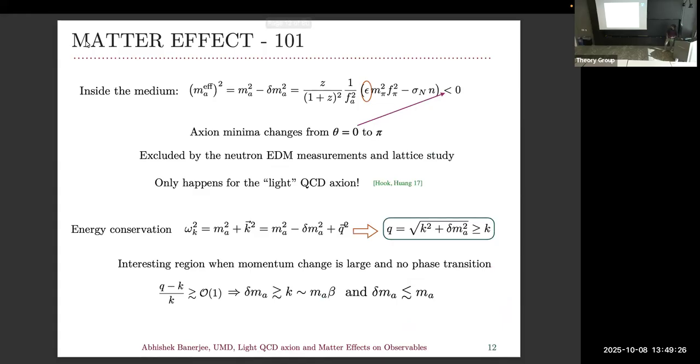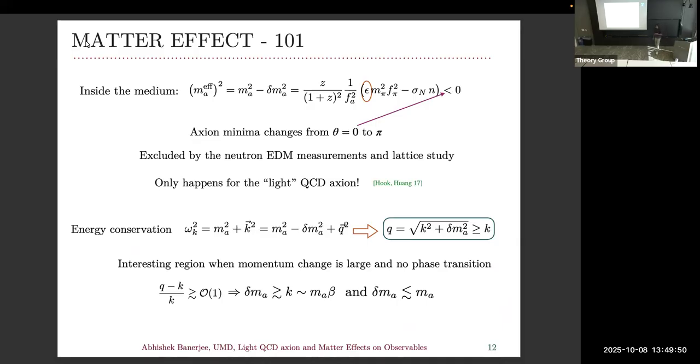Great. But now you can ask something very simple. It can happen that if the mass really decreases a lot, at some point it could become negative, because I haven't told you how much the mass can decrease. At that point, something is wrong. What is wrong? My axion minimum changes from theta equals 0 to pi. So whatever I have done, everything breaks down, of course.